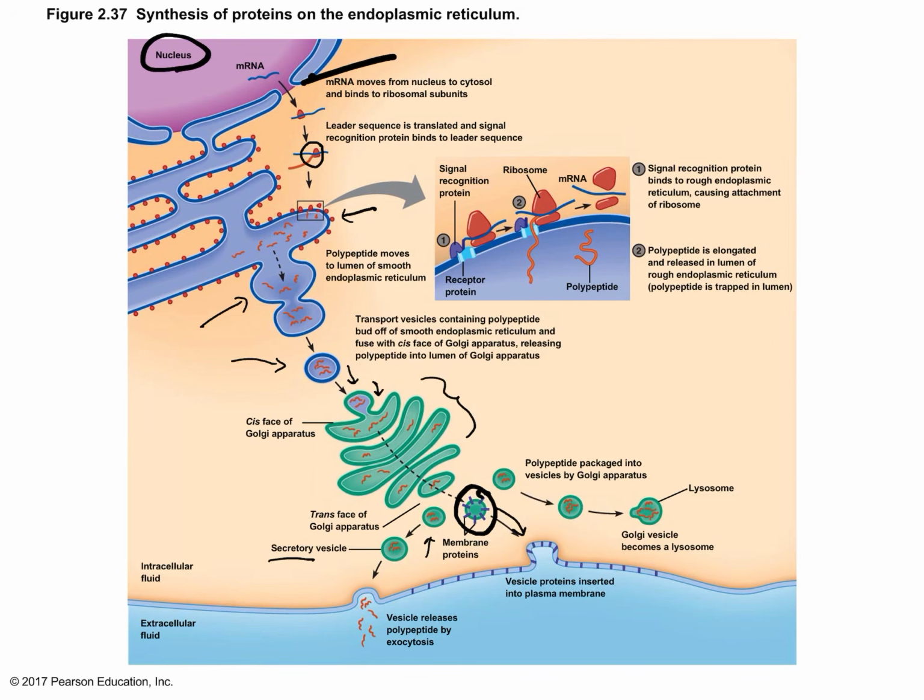So this vesicle can fuse with the plasma membrane, and you can see the proteins remain embedded in the plasma membrane, and that's how the cell can renew the receptors or make more receptors or channel proteins in the plasma membrane. It puts it up there in this way. And then another job of the Golgi apparatus is to make a lysosome.